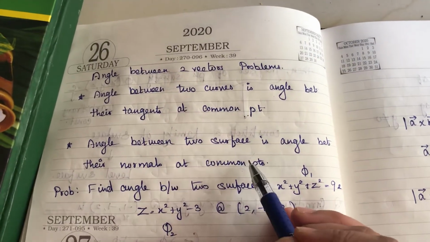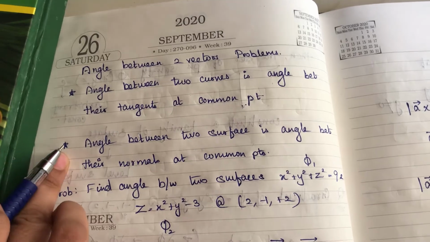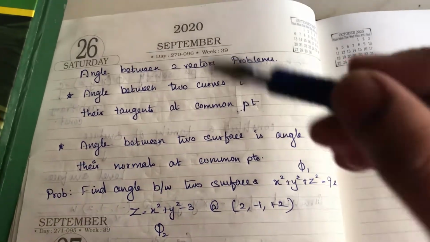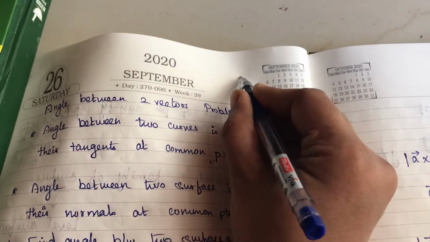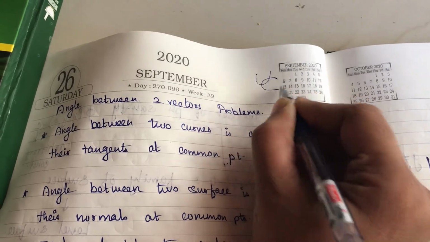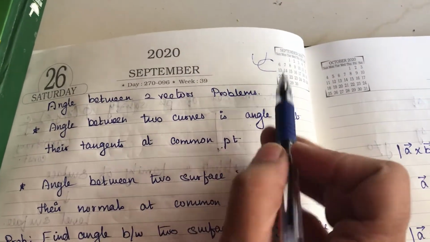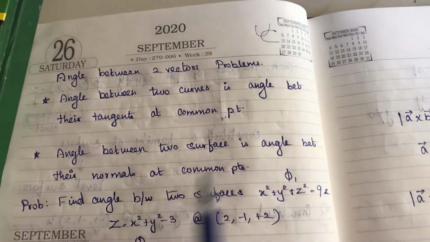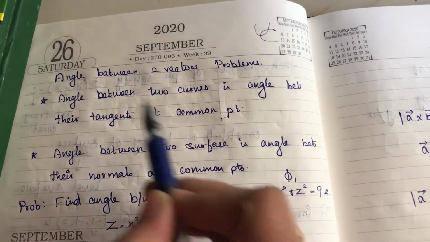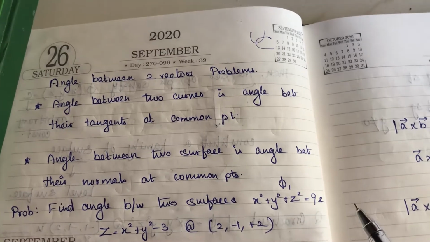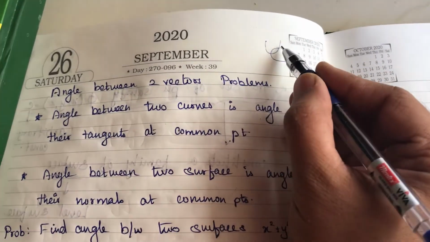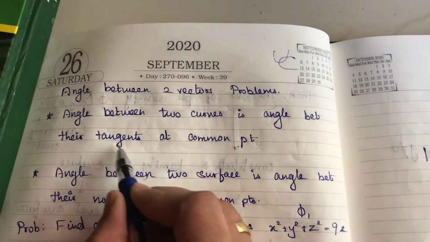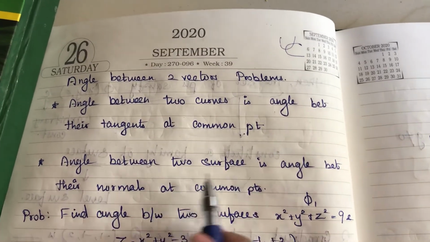Next come angle between two vector problems. Let's see one by one. There are two curves here, like an upper curve and a lower curve, two parabola curves, right? The angle between two curves is the angle between their tangents at common points.